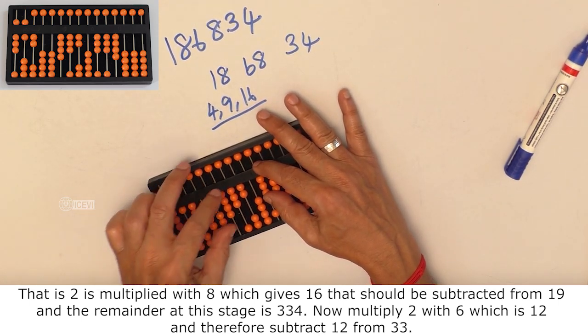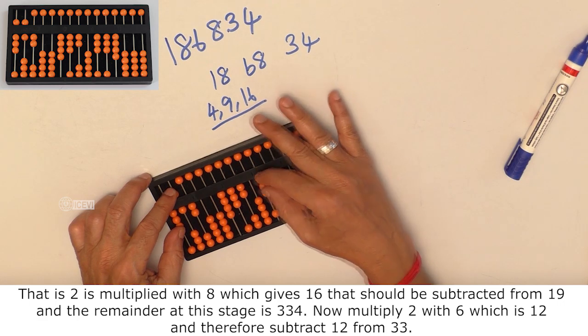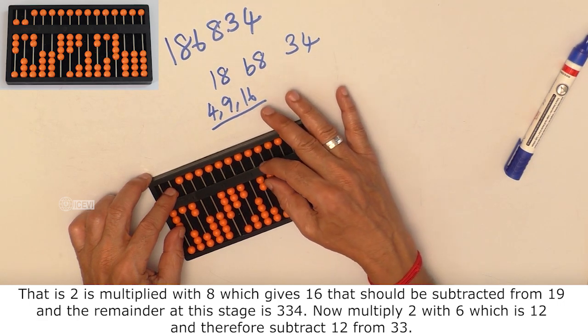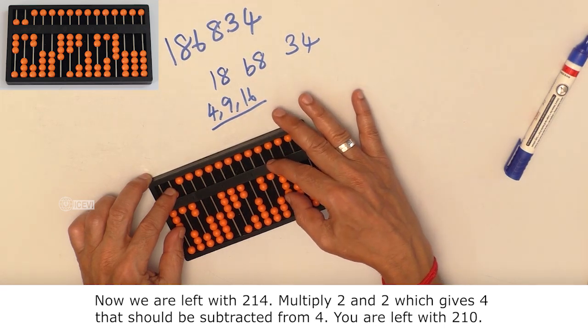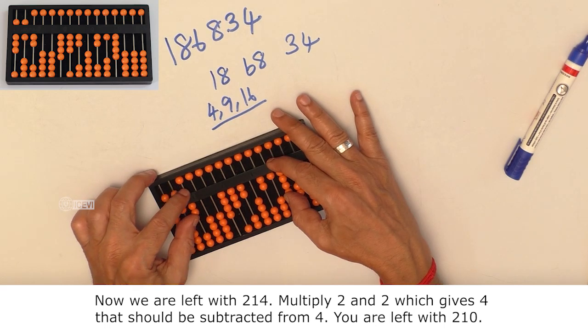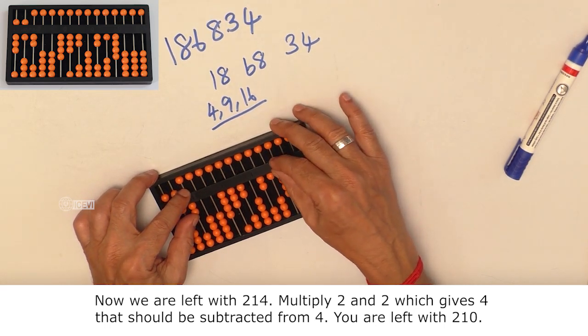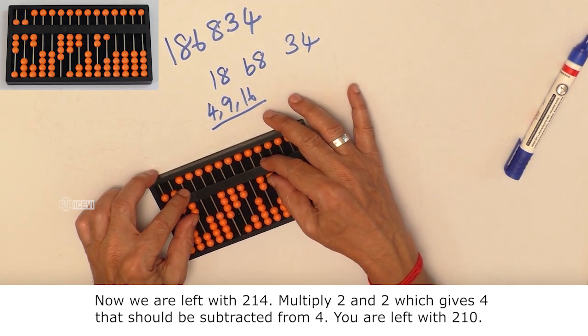Now multiply 2 with 6, which is 12, and therefore subtract 12 from 33. Now you are left with 214. Multiply 2 with 2, which is 4. That should be subtracted from 4, and you are left with 210.